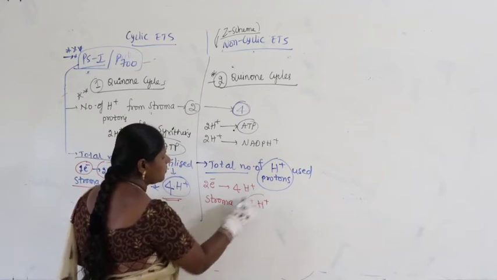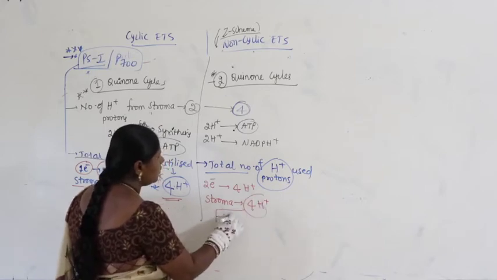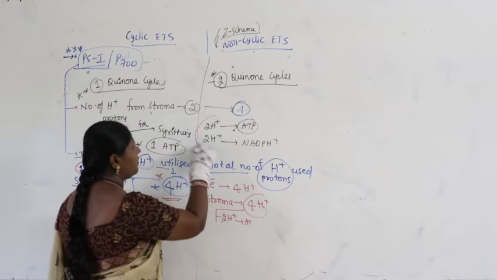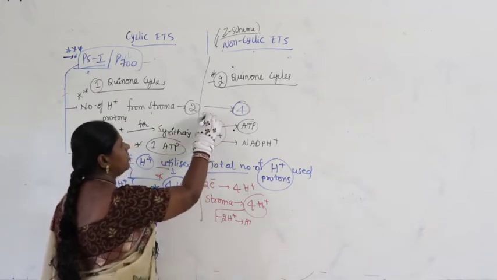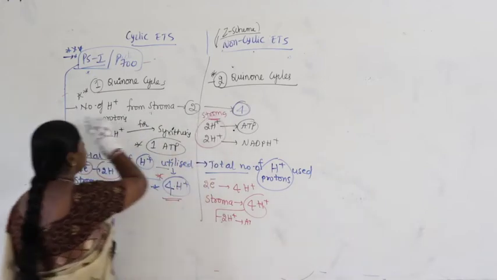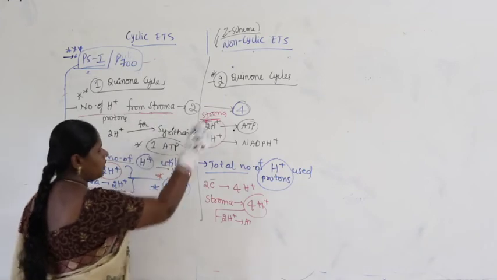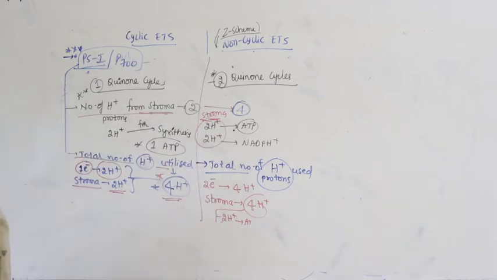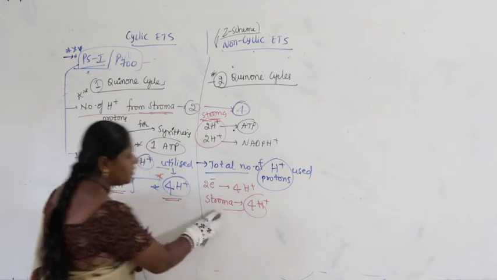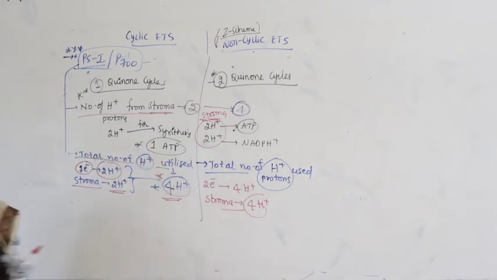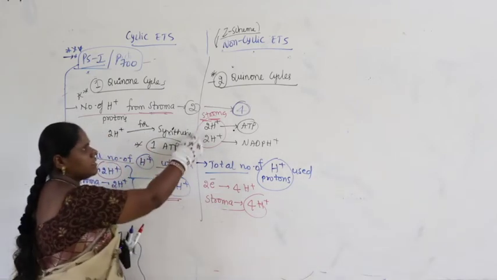Why? Because 2 protons for ATP synthesis, here we have written. Yes or no? This is stroma only. So no need to write again here, because whenever you get doubt how stroma contributes 4 protons, the answer is here.